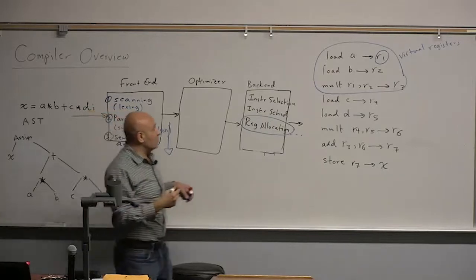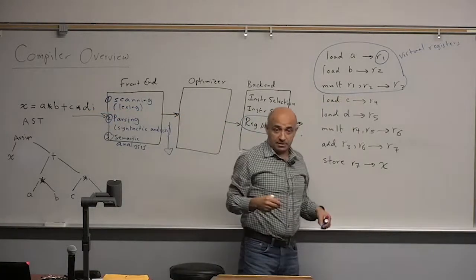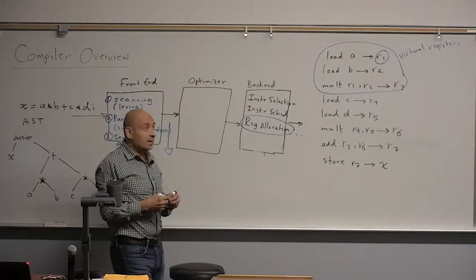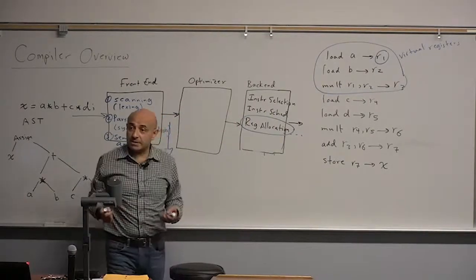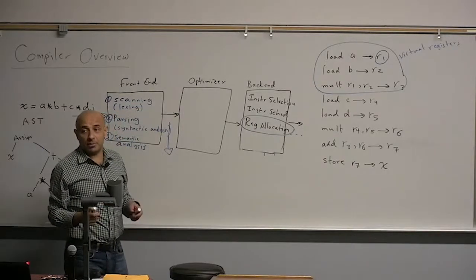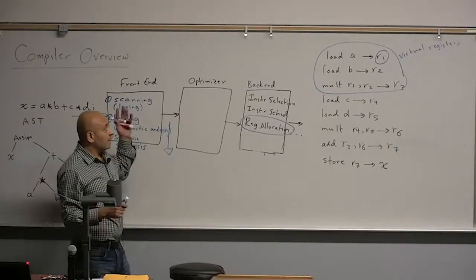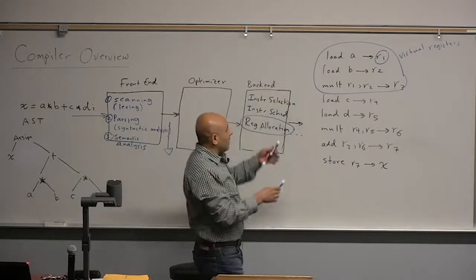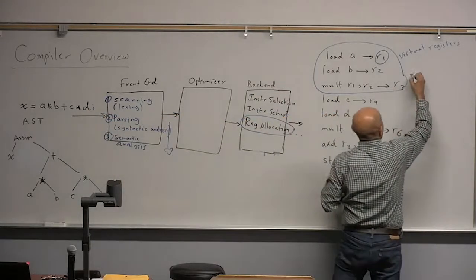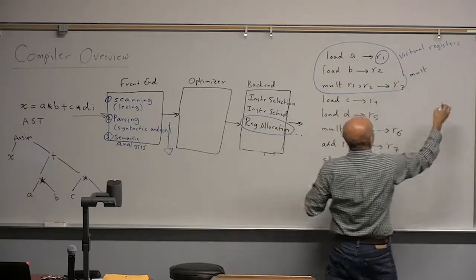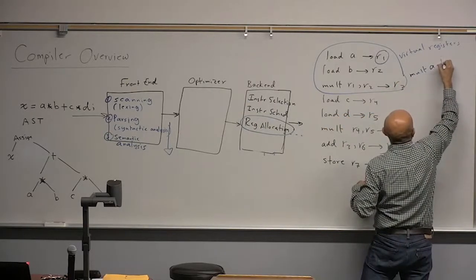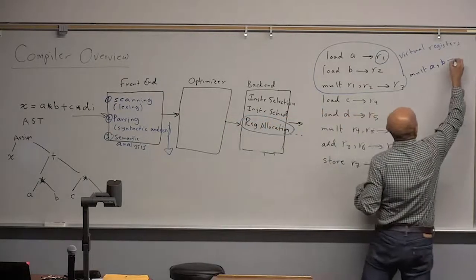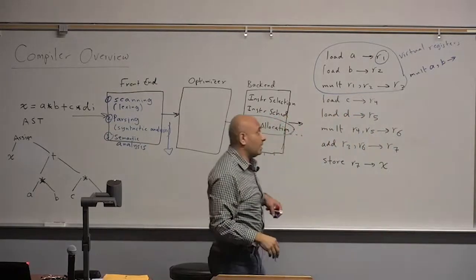Okay. So another observation is that here we are generating this code sequence: loading A into a register, loading B into a register, then multiplying the registers. But on some machines, there are complex instructions that may operate on memory operands. In fact, you could have a multiply operation that multiplies A and B, which are memory locations, memory addresses, and puts the result in memory or in a register.